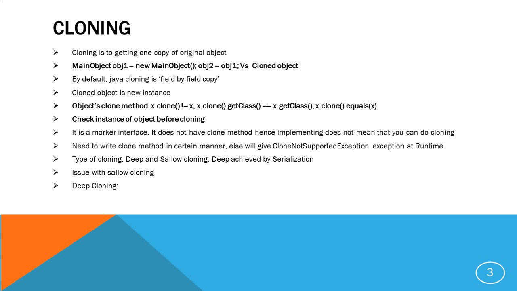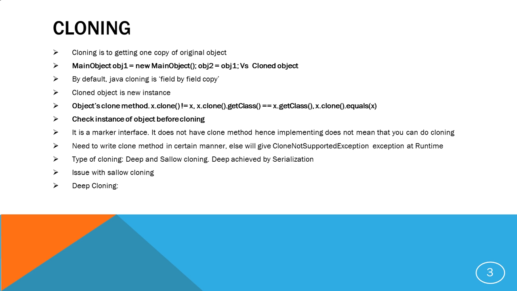Okay, and another way: suppose you are copying a few reference objects while cloning, then you have to mark the referenced object also as clonable. Okay, another way is doing a copy constructor.